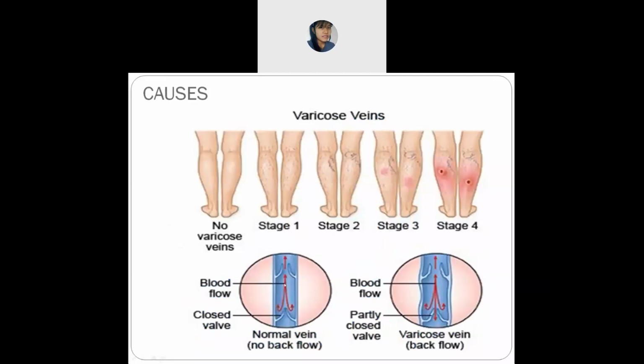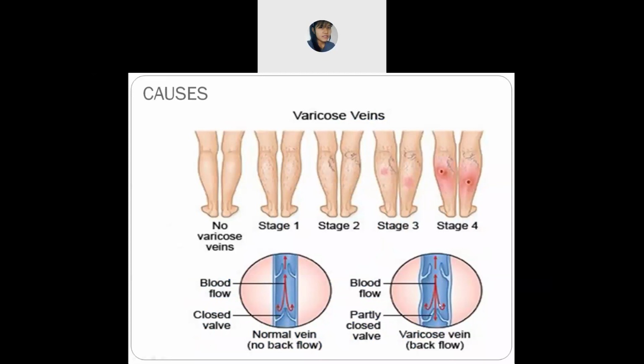I'll show you again. This is the blood flow in the upward direction, and this is the valve for closing. And what you will find here is that there will be no backflow. But in the varicose vein, what will you find? You will find that the valves are partly closed, not totally closed. Partly means half. So because of this, what happens?